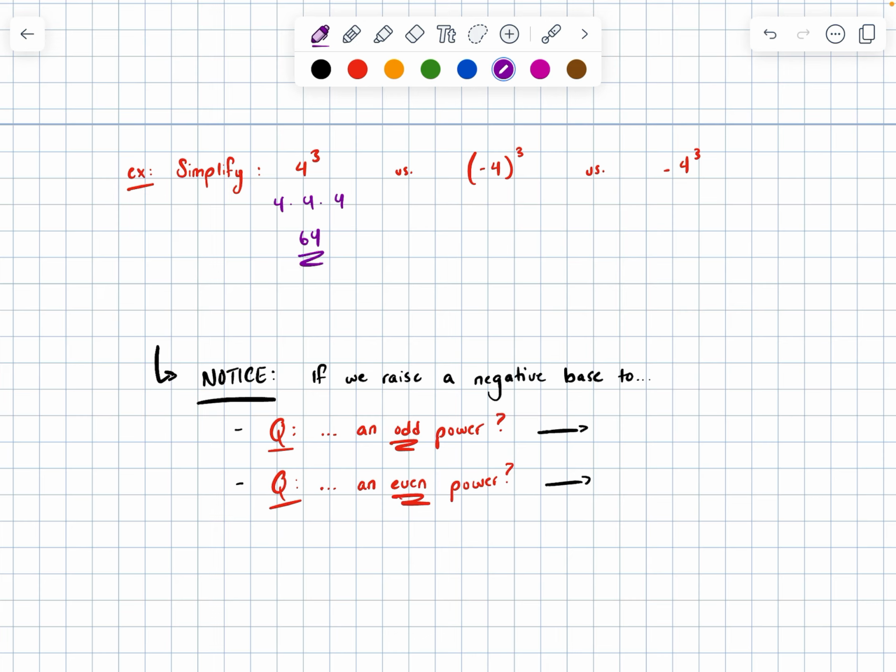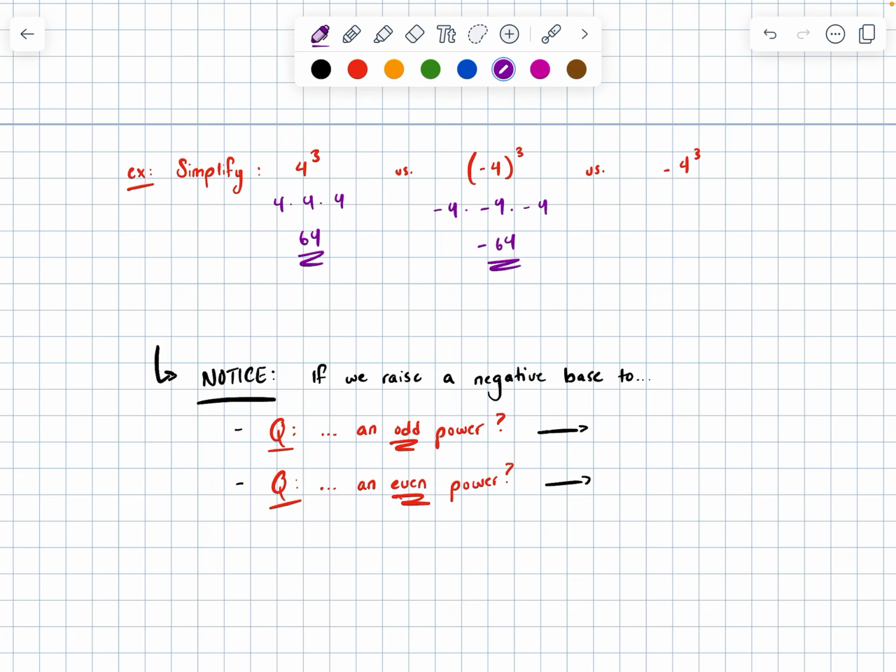For negative 4 cubed, right, or negative 4 quantity cubed, well, that means that negative 4 is the base. So the whole thing, negative 4, is going to be multiplied by itself 3 times. So I have negative 4 times negative 4. Well, that's positive 16 times the negative 4 would bring me not to positive, but to negative 64.